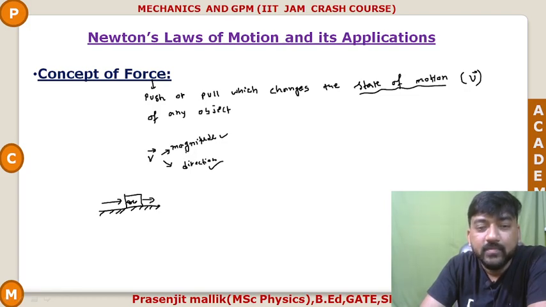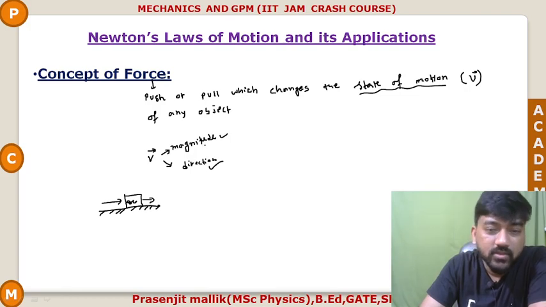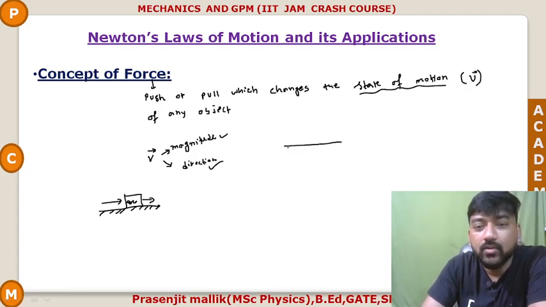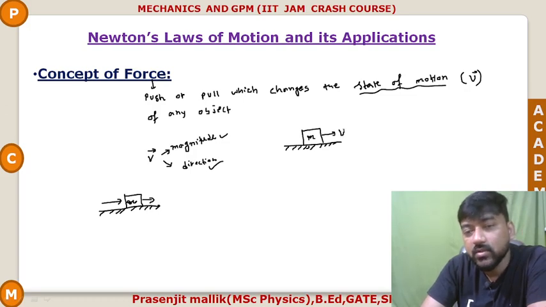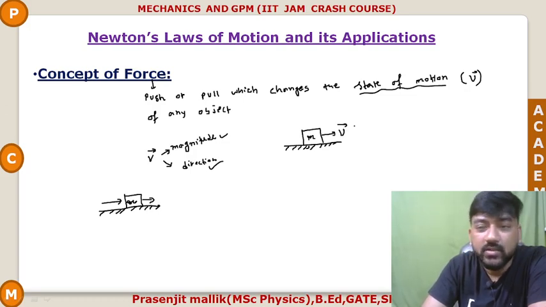It may be a change of direction, or it may be a change of magnitude. Suppose this object already has a state of motion v. Suppose it is in motion, or if v is equal to 0, then we can say it is at rest.